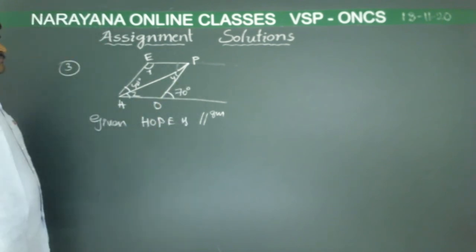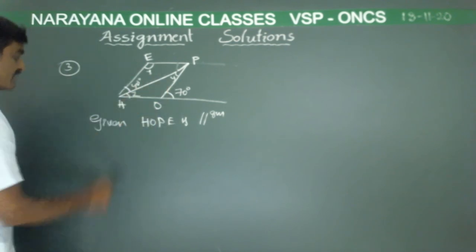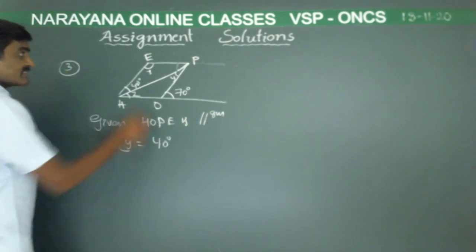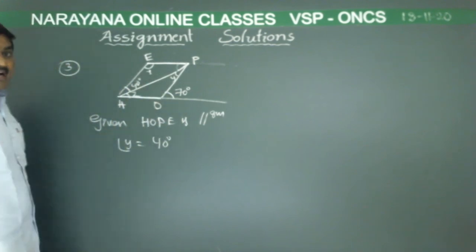First, let us find the Y value. Angle Y is equal to 40 degrees. What is the reason? See, these two pairs of opposite sides are parallel.